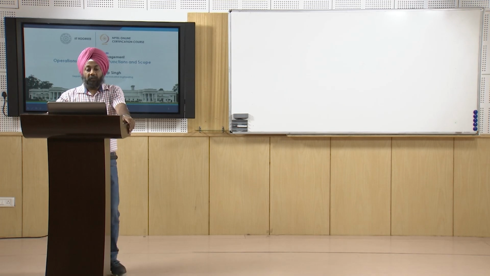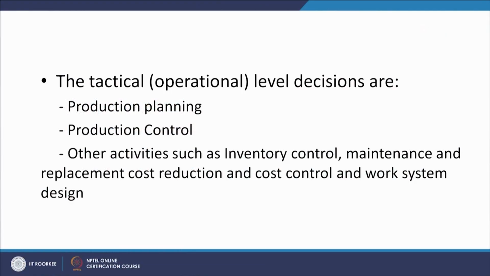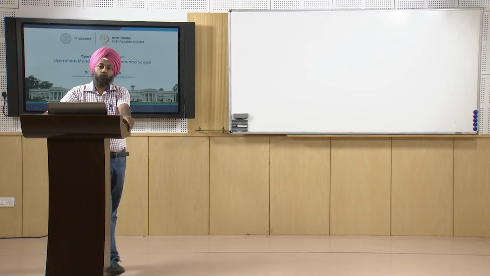So let us see, the tactical or operational level decisions are the production planning. Once we know what we are going to produce, we have the demand data available with us. Our product, what we want to produce, is known to us. The demand data is also available with us. Strategically we know what technology we are going to use.